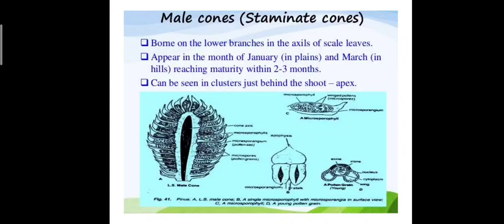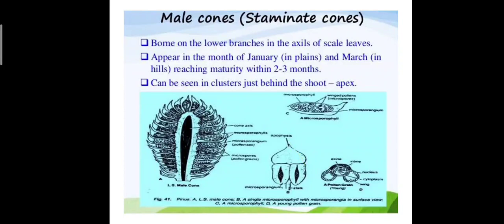They will be differentiated into a proximal wedge-shaped fertile part and a distal sterile part. The distal sterile part tapers, and this tapering end is called the apophysis. The abaxial surface of the microsporophyll is sterile, and on its lower adaxial surface there will be numerous microsporangia arranged in groups called sori.